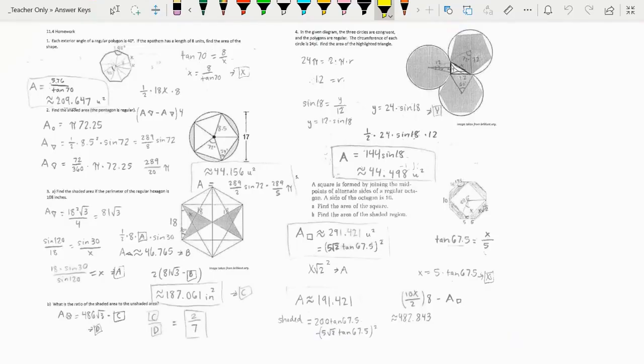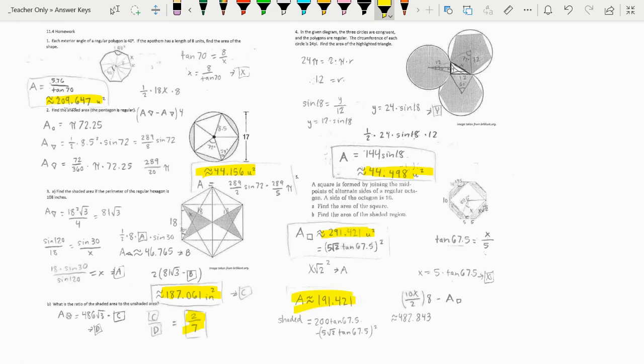All right, so these are the answers to 11.4 homework. I'll just go ahead and start highlighting them so you can find them a little bit easier. There we go.